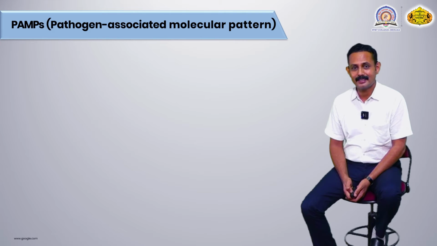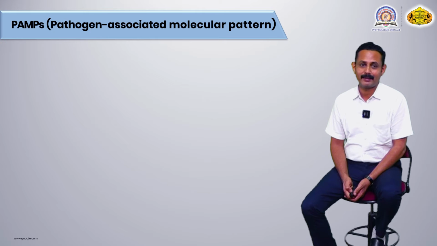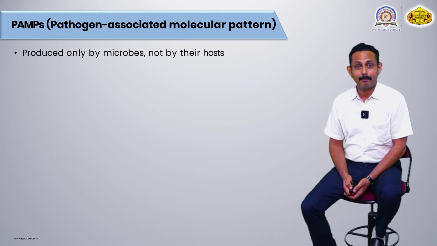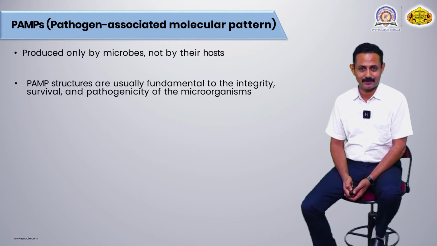So let us see the pathogen associated molecular patterns in detail in this session, which are commonly called PAMPs. The name pathogen associated itself indicates that these are not produced by the body of the individual. They are produced only by microorganisms, especially disease causing microorganisms.